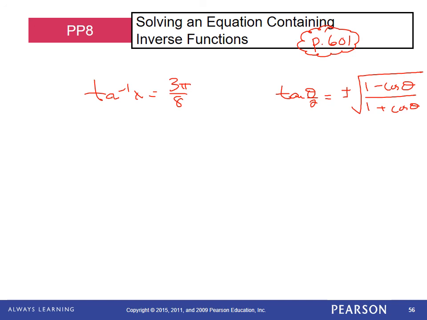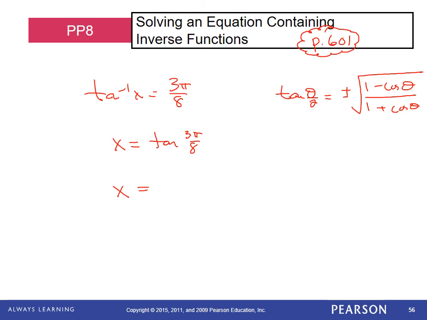Okay, let's finish it off as we have a few minutes left. So what I'm looking for is x equal to tangent of 3 pi over 8. I got to decide positive or negative on this. Isn't 3 pi over 8 less than pi over 2?